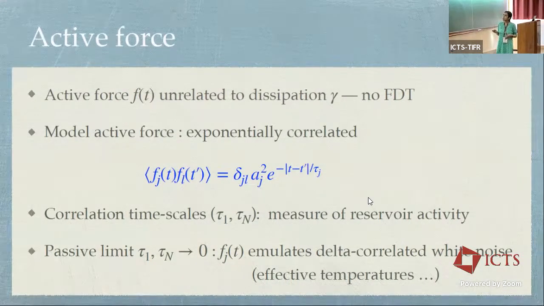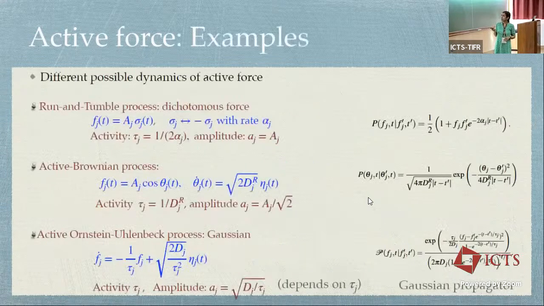So these time scales are my measure of reservoir activity. And we expect already that when this tau goes to 0, that's some sort of passive limit. There, this exponential correlation function actually becomes delta correlated, and we expect some sort of effective thermal behavior in that limit. I'll come back to that in a minute.